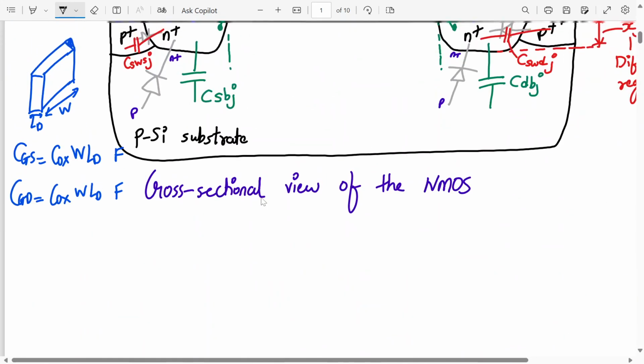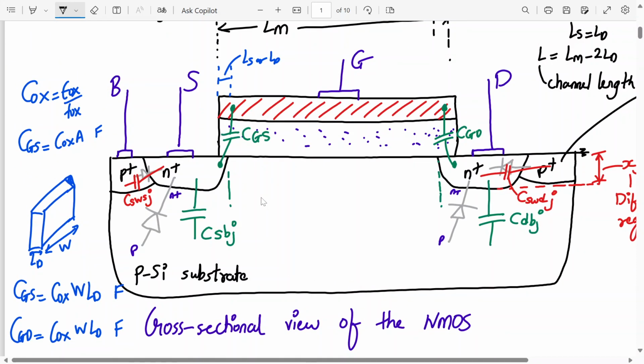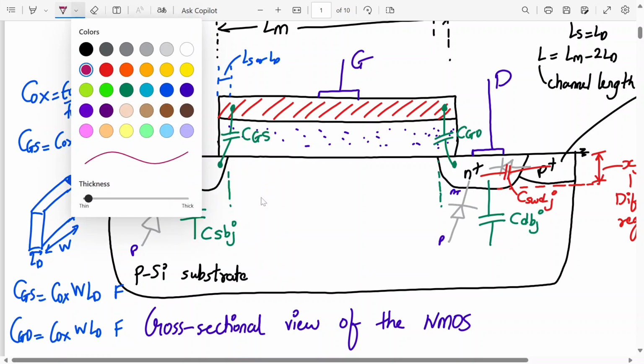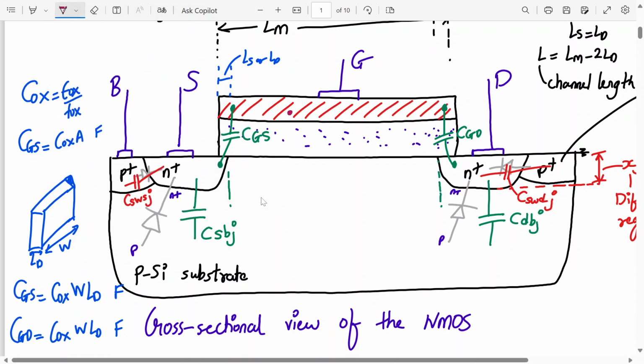Let me highlight them over here. This is CGS, then one is CGB, another is CGD.